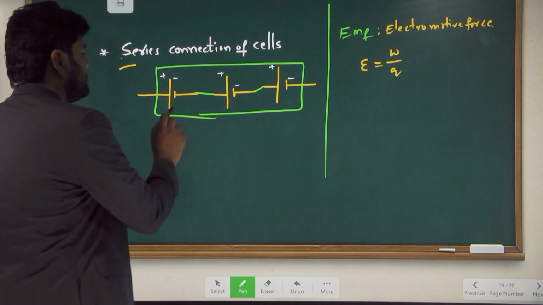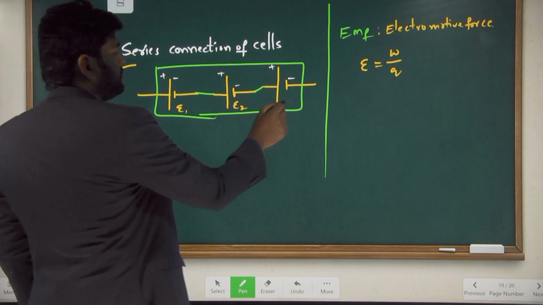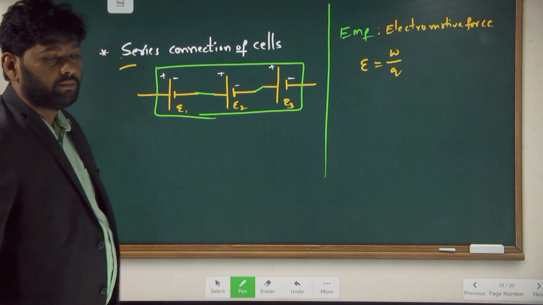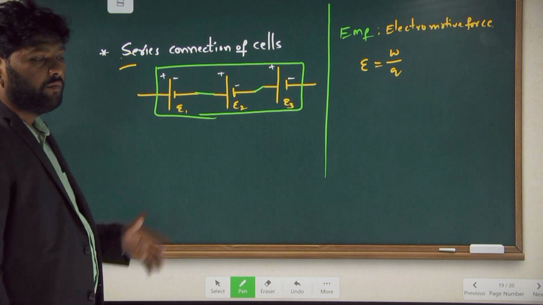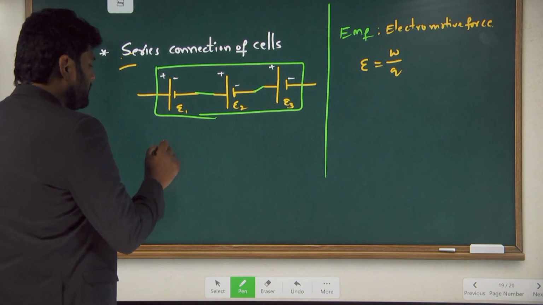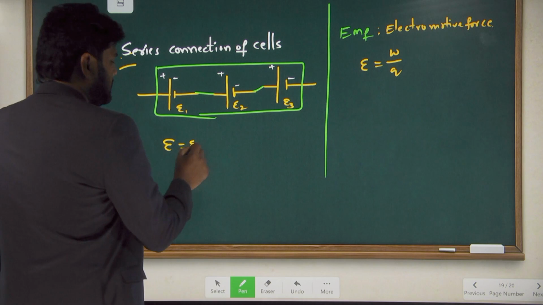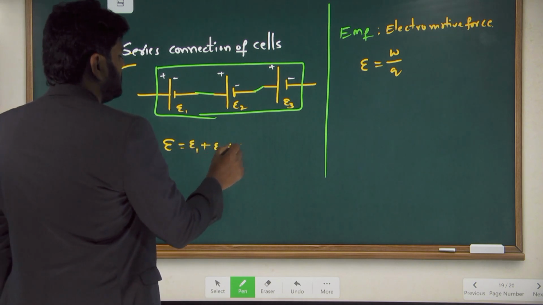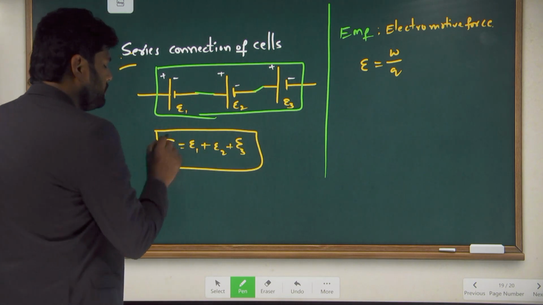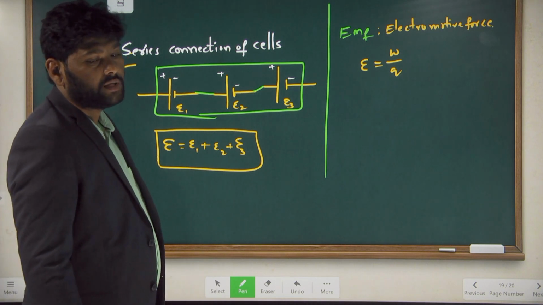Let us take the first cell's EMF as E1, the second as E2, the third as E3. Then what is the effective or resultant EMF when you group them in series? The effective EMF is E equals E1 plus E2 plus E3, which means the effective EMF is the sum of the individual EMFs of the cells.